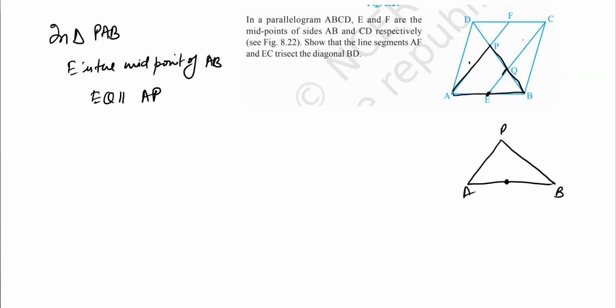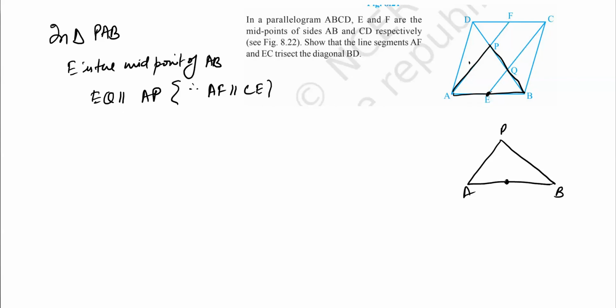The part of this side is AE and the part of this side is AP. So since AF is parallel to EC, or CE, if this side is parallel to this side, AP will be parallel to EQ.